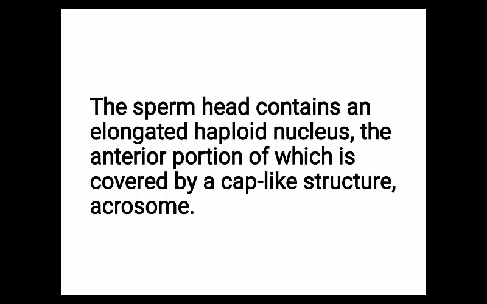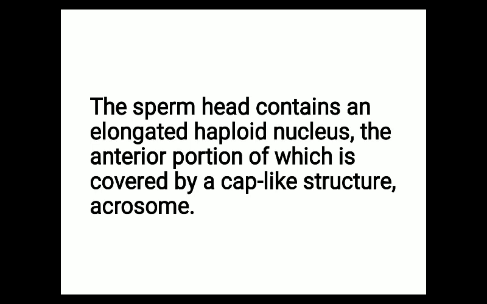The sperm head contains an elongated haploid nucleus, the anterior portion of which is covered by a cap-like structure called the acrosome. Now we will talk about the first part of the sperm, which is the head region. The head region consists of two different parts. The first part is the haploid nucleus.